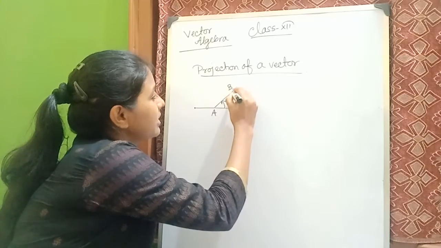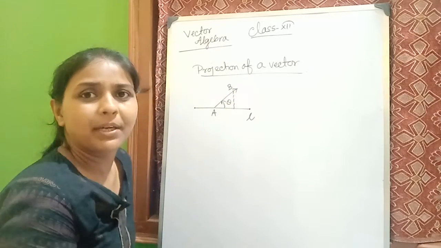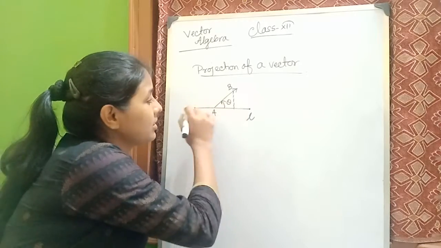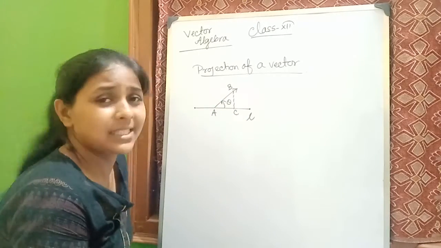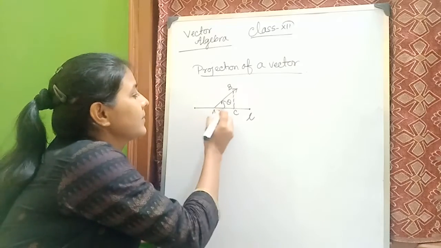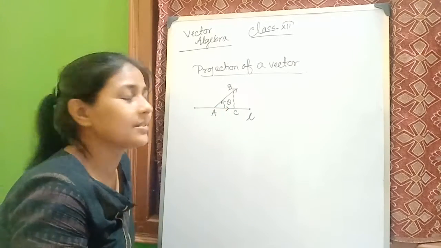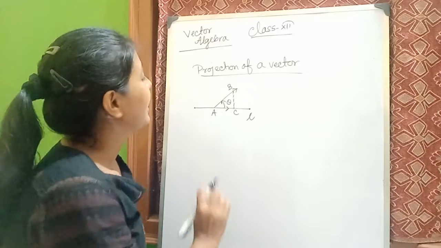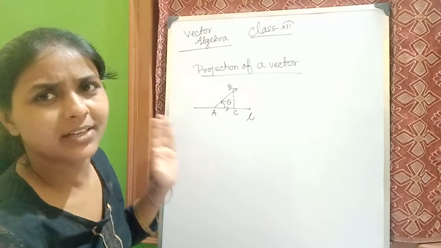So projection means we need to draw a perpendicular on the line. I'm giving the name as C. So from A to C like this, and you can see the right triangle, right?